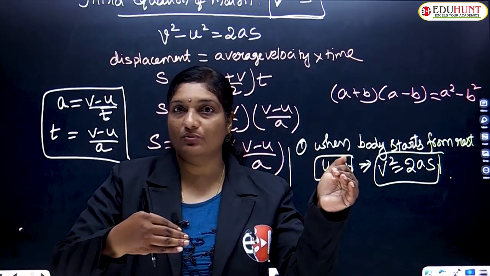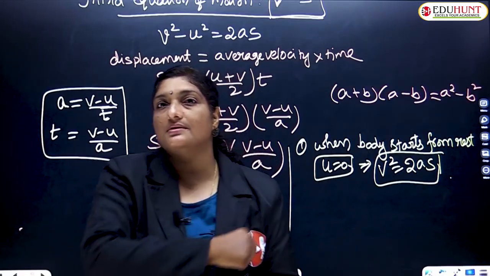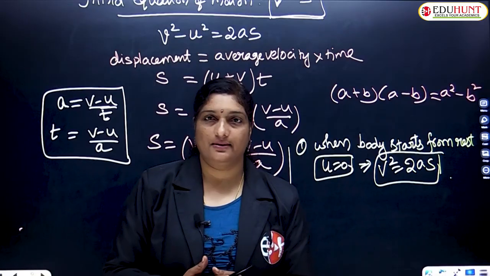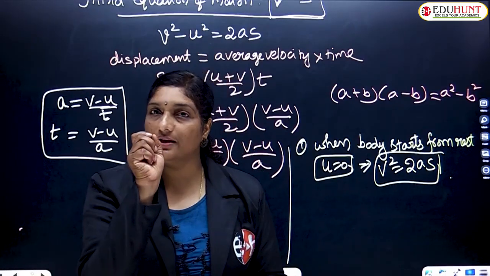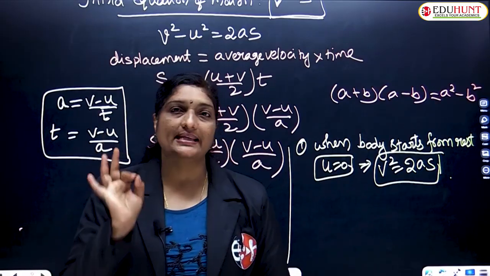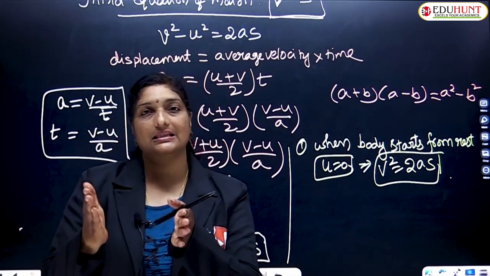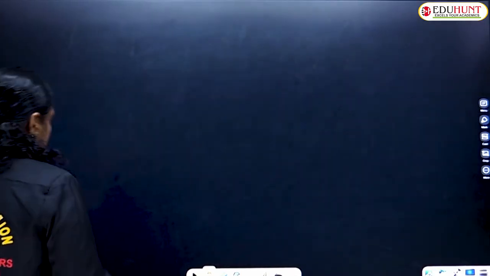That we are going to calculate. Instead of saying 3rd or 4th, I represent that particular second as the nth second. So this is the distance moved by a body in the nth second, the next concept we shall discuss.